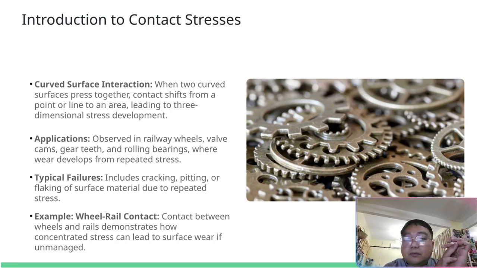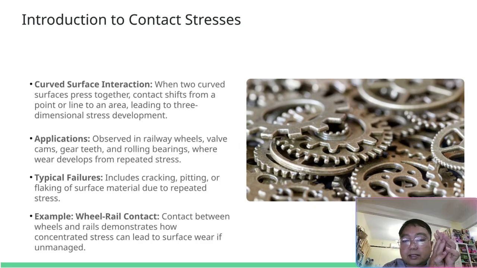Typical failures from contact stress are cracking, pitting, or flaking of surface material due to repeated stress. For example, wheel-rail contact demonstrates how concentrated stress can lead to surface wear if unmanaged. This chapter discusses the stress in things like ball bearings, which are in contact.